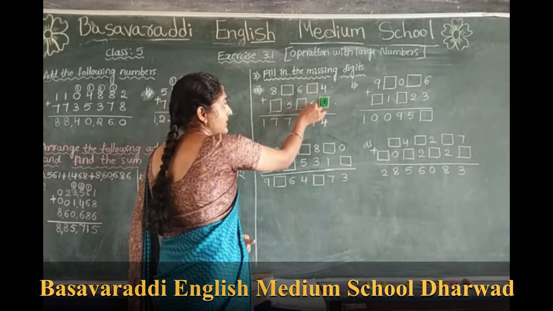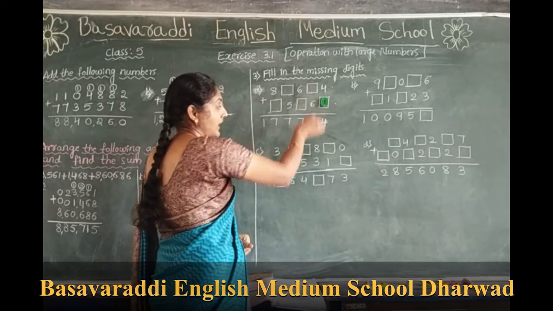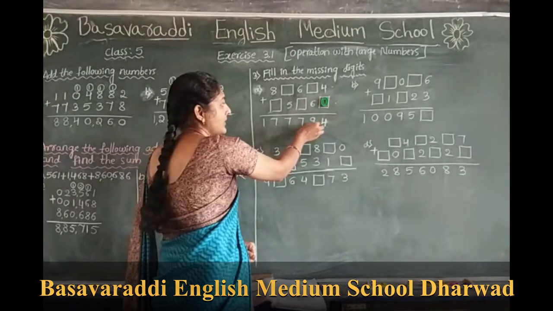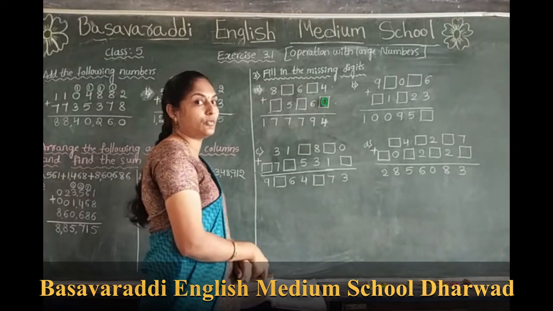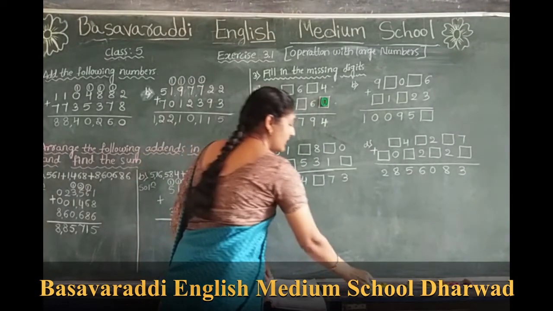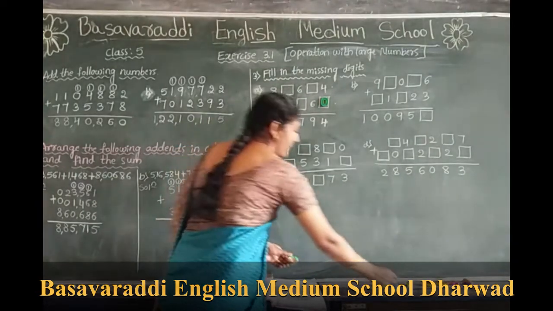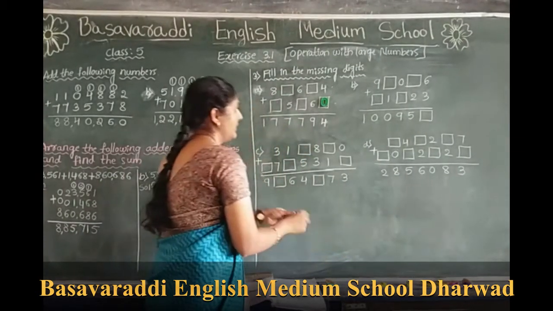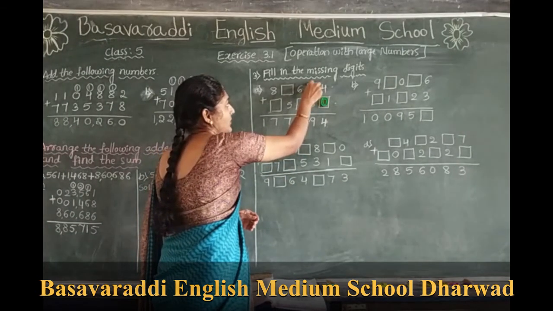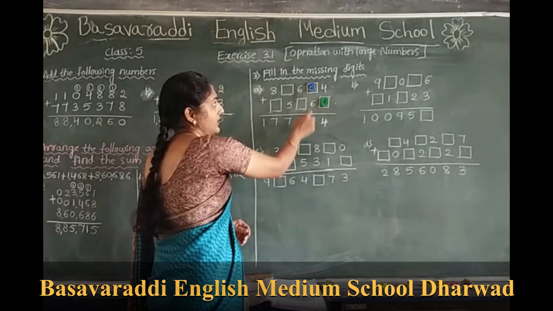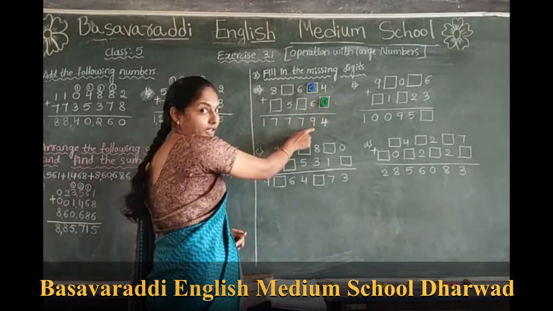In the second addend, there is the 6 in the tens place. In the sum, the 9 there. Which number you add to the 6, we get the 9 there? Okay, 3. If we add the 3 to the 6, we get the 9 there. 3 plus 6 is 9.